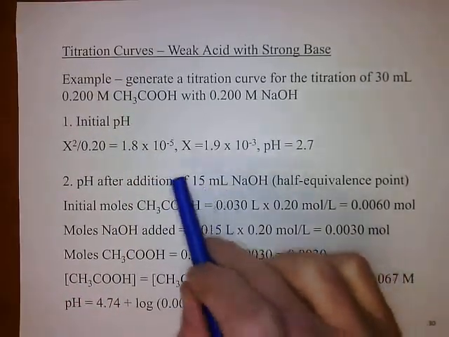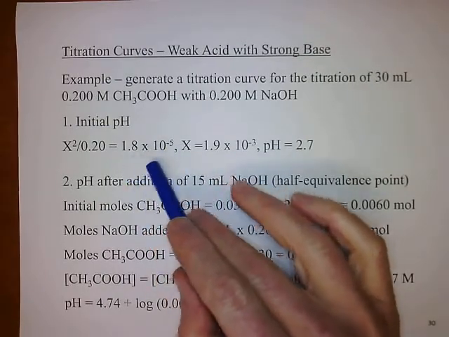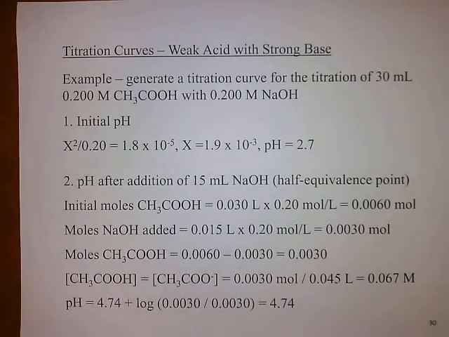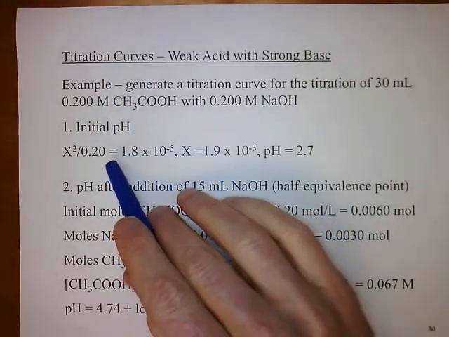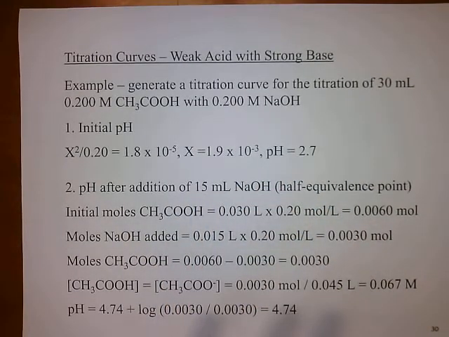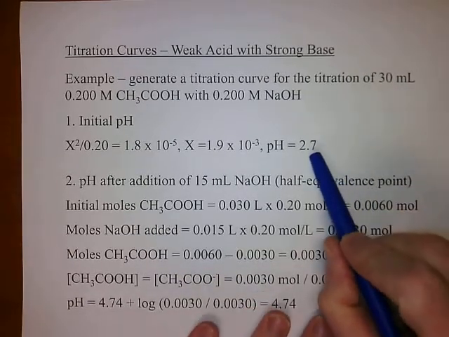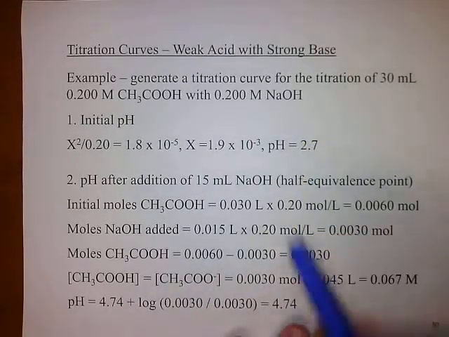This number is probably burned in your brain by now: Ka for acetic acid is 1.8 times 10 to the minus fifth. So cross multiply 1.8 times 10 to the minus fifth times 0.2, take the square root, and you get 1.9 times 10 to the minus third. Take the negative log of that to get the pH, and your pH comes out to be 2.7. So this is the first difference when titrating a weak acid versus a strong acid.